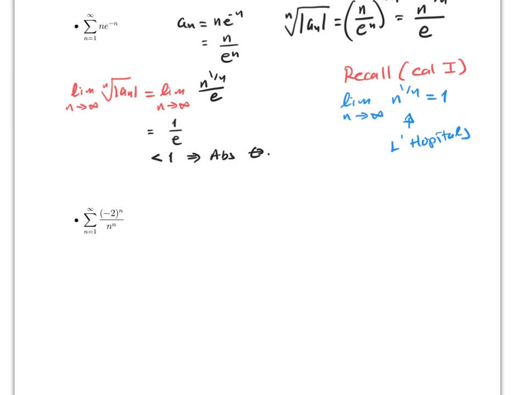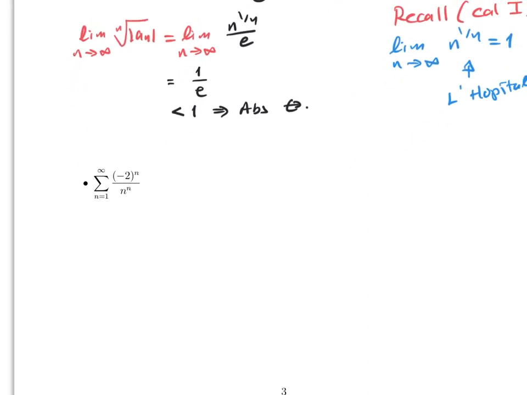All right, so let's do another example. So here we have minus 2 to the n, and therefore here an is equal to minus 2 to the n over n to the n power. Notice that you can rewrite this as minus 1 to the n times 2 to the n over n to the n.